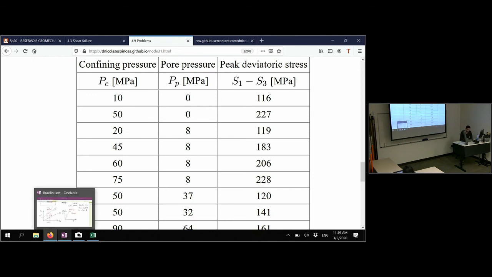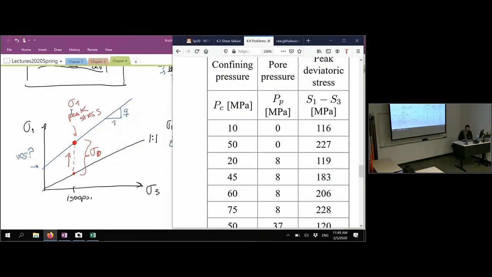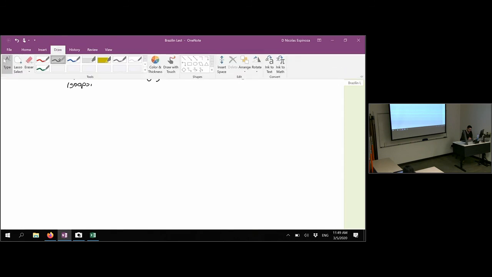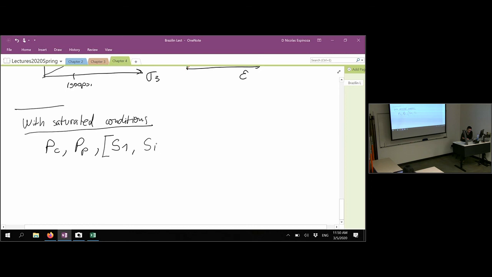So let me just move this to the side. Then if you have a rock which is saturated, we have as variables the confining pressure, the pore pressure, and it could be either the total axial stress S1 if you measure it outside the load frame, or the deviatoric stress S1 minus S3 if you measure it inside.